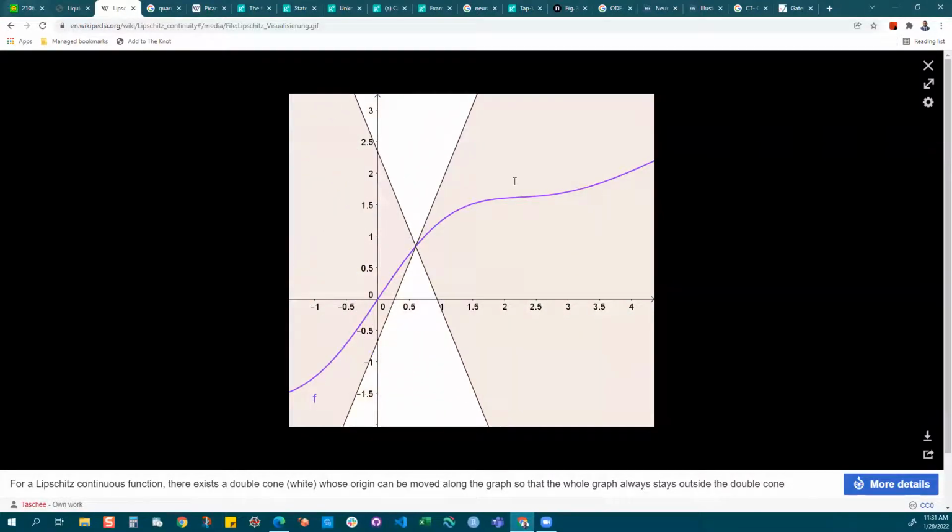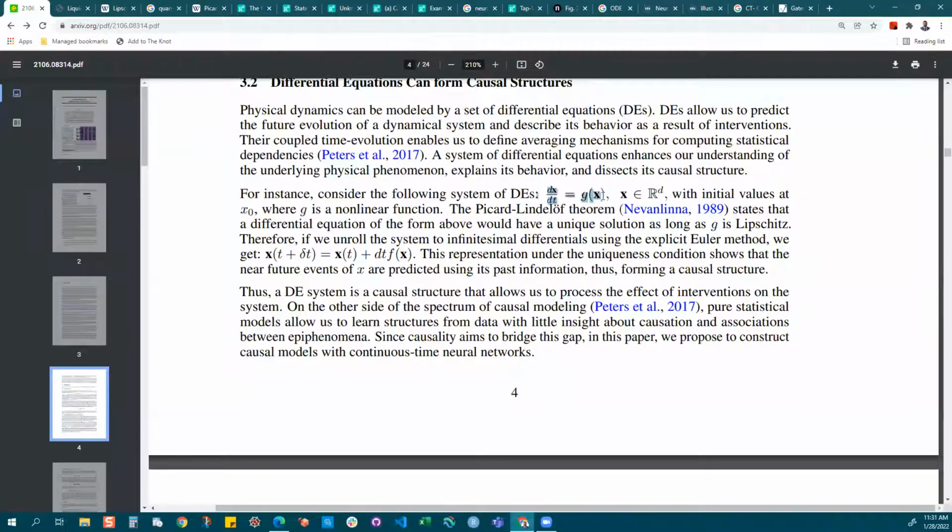So what they are saying here is, in this differential equation, if we can prove that this function g is Lipschitz continuous, as we just described, then we can say this differential equation has only one unique solution. And this really helps with establishing causality when we get to neural networks subsequently in the paper.